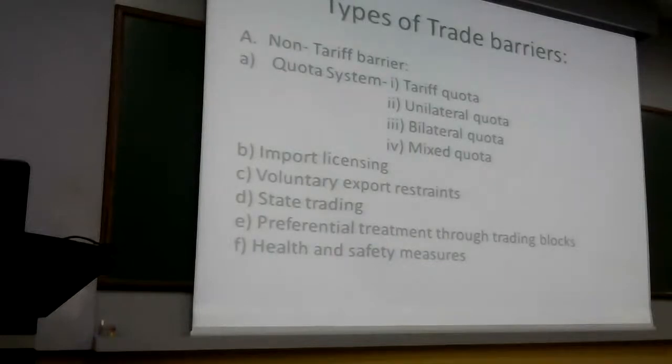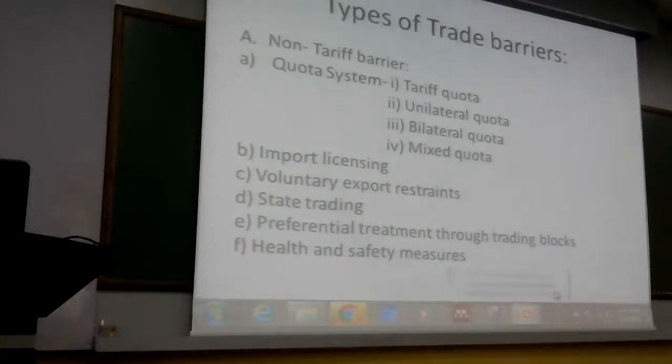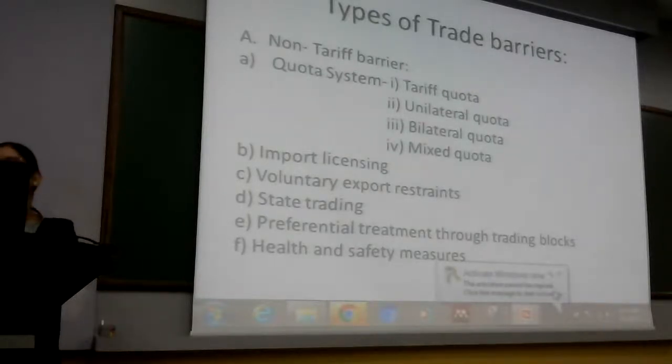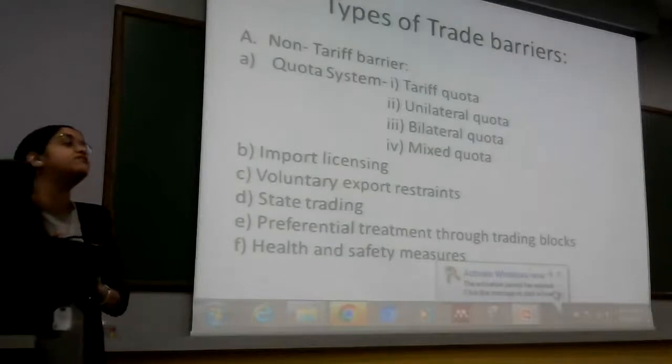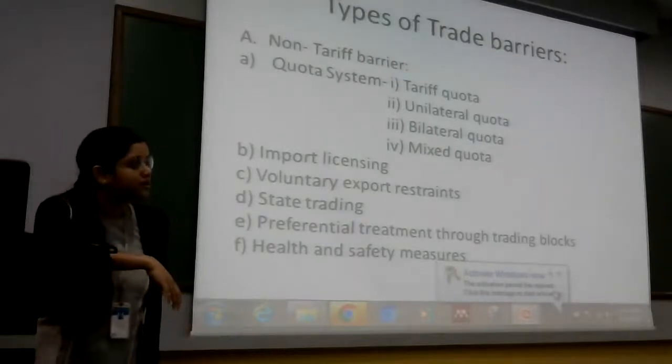Now, in case of import licensing, the government will give me a license, and it will be mentioned in the license how much proportion I can import from the foreign country for this specific raw material. Now, why does the government do this? The government does this in order to restrict the quantity of raw materials imported from the foreign countries, right?